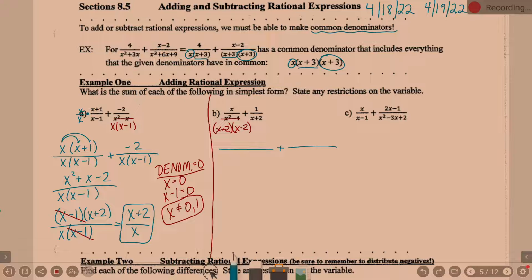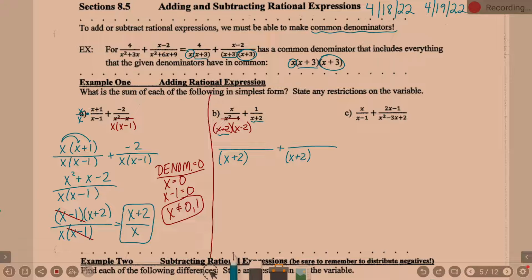So my question to you, what do both fractions have in common? X plus 2, agreed. Both fractions have an x plus 2, so that means x plus 2 is part of my common denominator. Anything else that both fractions have in common? They don't have any other factors in common, do they? They just have the x plus 2 in common.